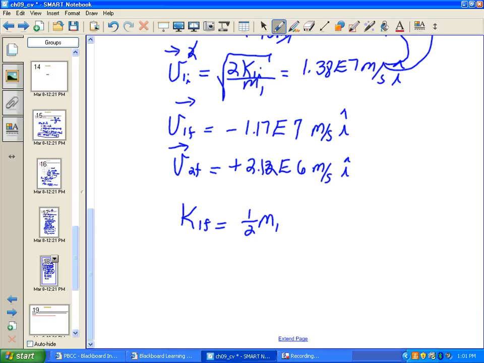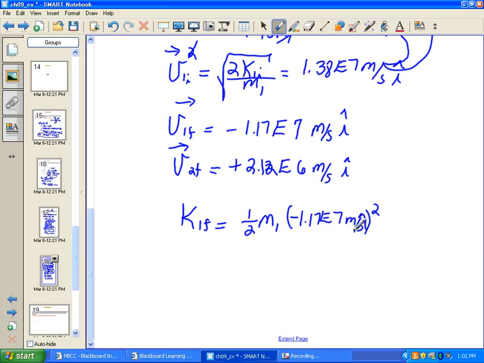1/2 m1, the mass of the neutron, times minus 1.17 e to the 7 meters per second, let's put our little i hat here, squared. Now, what is i hat dotted i hat? It's 1. And so that converts this vector quantity of V1 final into a scalar, V1 final squared.